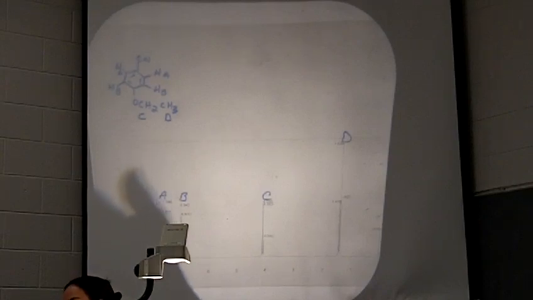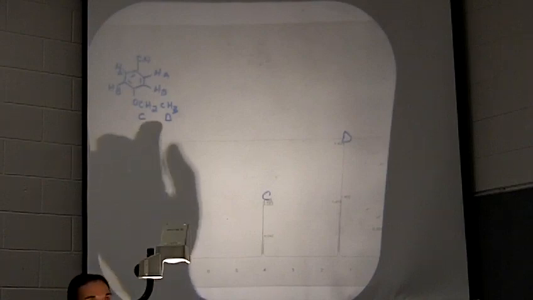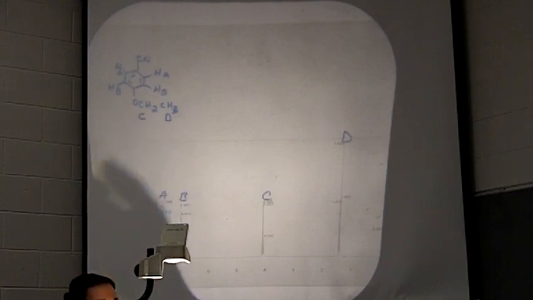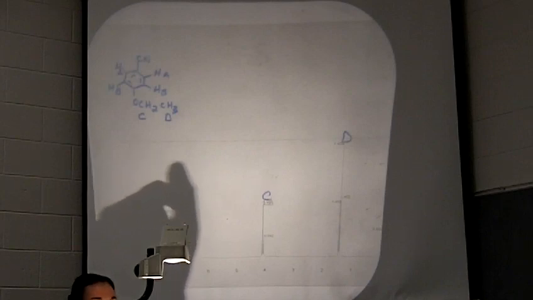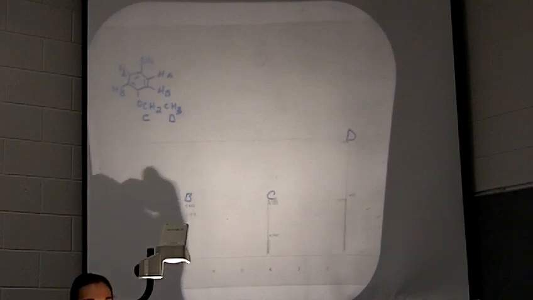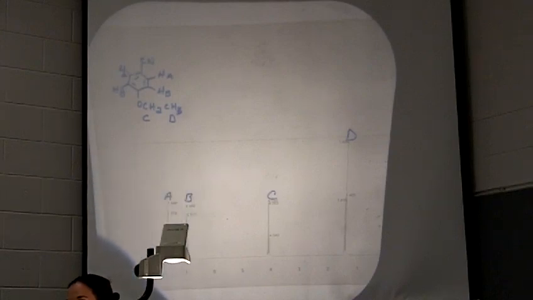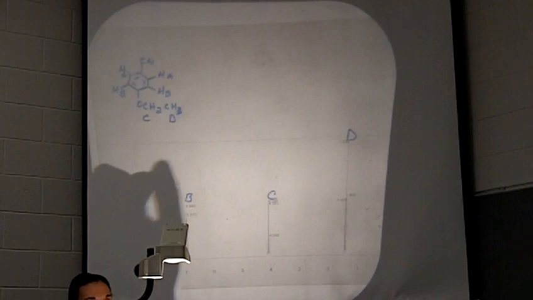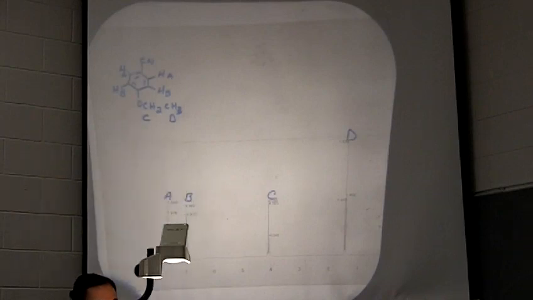So it's close. It's not going to be perfectly on the dot usually, but it's close. And for HB, we had 6.95, and it's 6.942. So that one is really pretty close. But even more important, you can see the two signals, and you can determine which signal is which by calculating the chemical shifts, because now you know which one is going to be due to HA from the calculation and which one is due to HB.